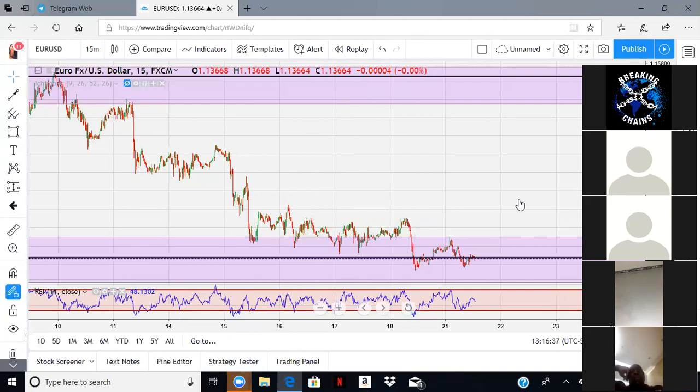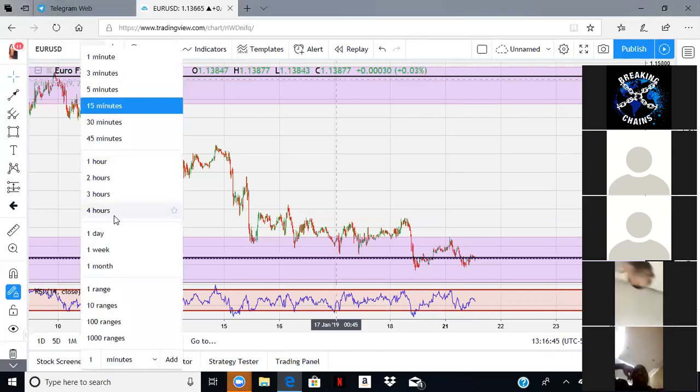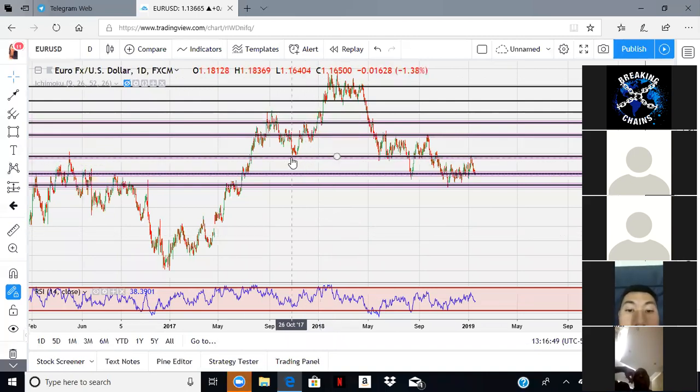I'm kind of lost after drawing the lines. What are you confused about? So we just found these areas of reversal, major reversal areas. Maybe you're confused about why we're finding these areas, so let me explain why.